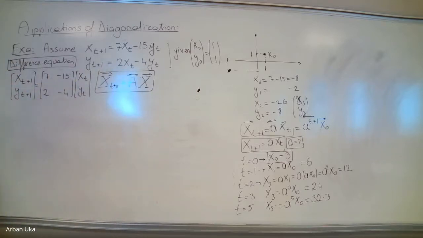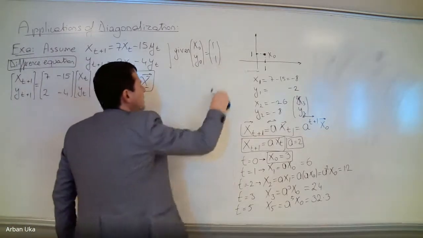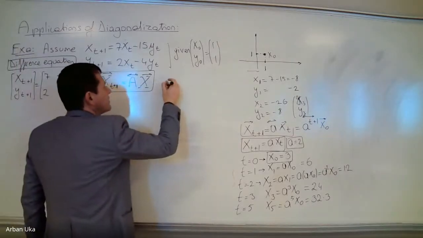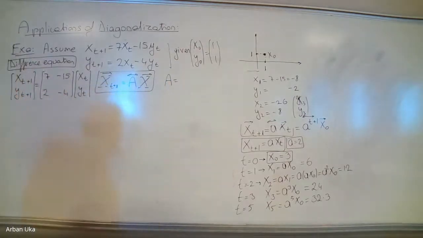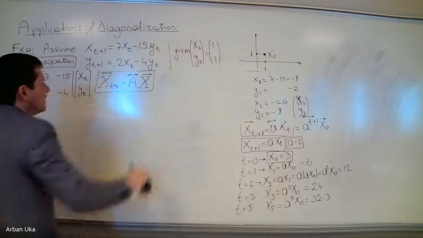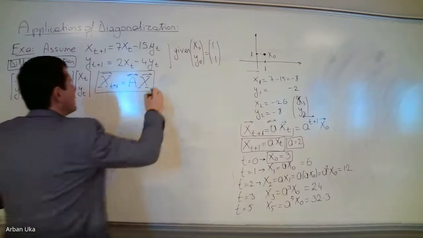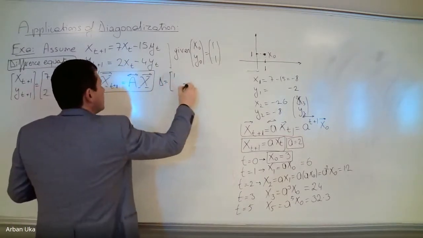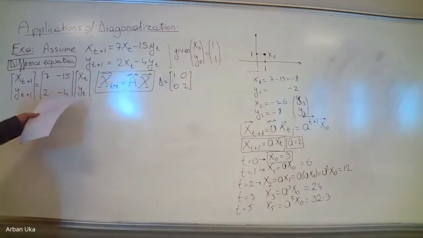Apparently, we find out what is A, and the moment we find out what is A, we try to diagonalize it, and the relevant matrices that we're going to work with are these. A is given, maybe we don't need to write this again, because it is explicitly here. Then we need to find the diagonal matrix D, which is equal to diag(1, 2), because the eigenvalues of this matrix A are 1 and 2.